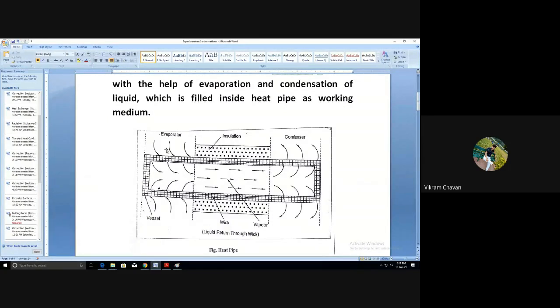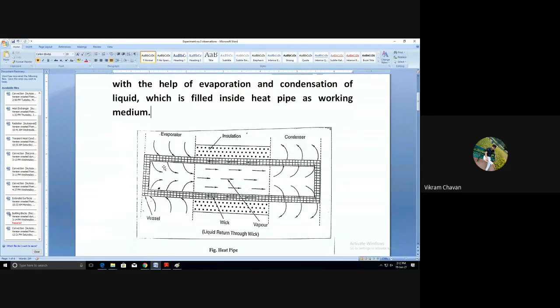Once the heat is received by the pipe from the source, that heat will be provided to the working fluid. The working fluid will absorb the heat from the surface, from this wick structure. Once this heat is given to the working fluid, the liquid will get evaporated by absorbing the latent heat of evaporation.